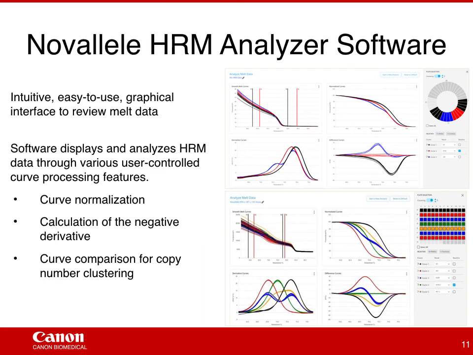Melt data from many of the common HRM-enabled thermocyclers can be seamlessly uploaded into the Novallele HRM Analyzer software, and for those systems that we haven't worked with yet, our scientific support staff can help you put that data into a format that can be uploaded and read by the software. The Novallele HRM Analyzer software features data normalization functions, clustering algorithms, data exporting, as well as image capture capabilities for use in posters and publications.